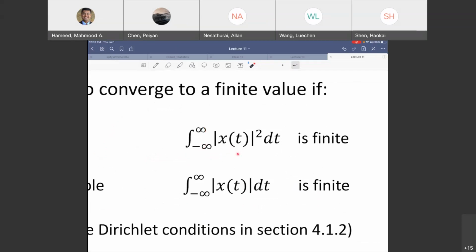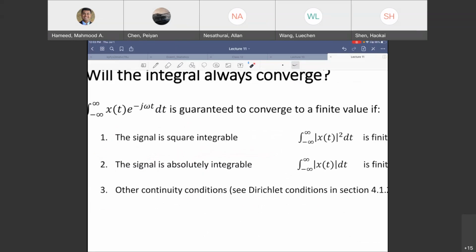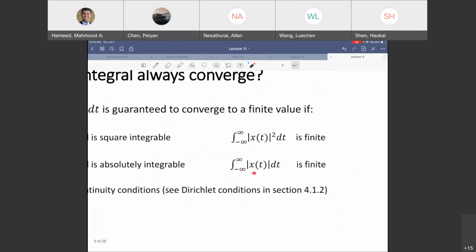This is the energy of the signal. If the energy of the signal is finite, then the Fourier transform of the signal will converge. That is a sufficient condition, but it's a weak sufficient condition. A strong sufficient condition for the integration to converge is this: the signal should be absolutely integrable. Take the signal, take the magnitude of the signal, integrate it. If it converges, you're good.